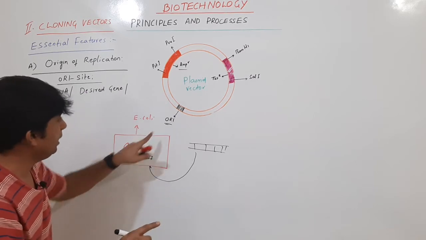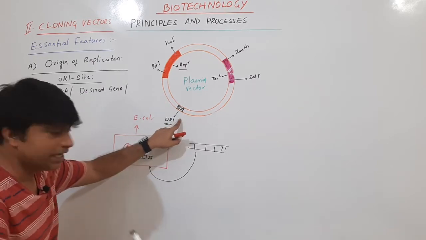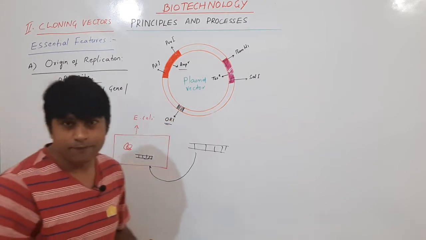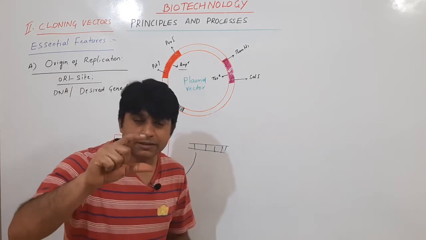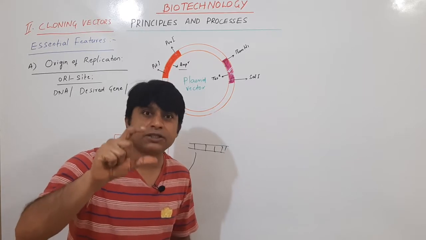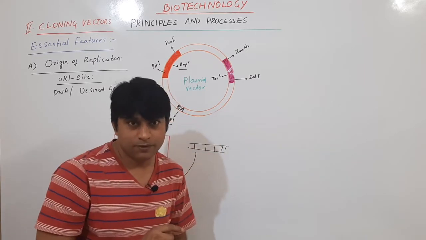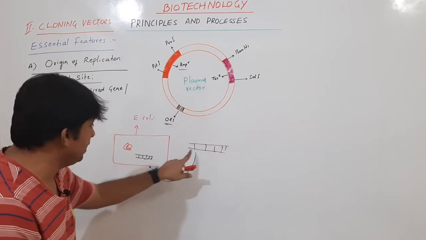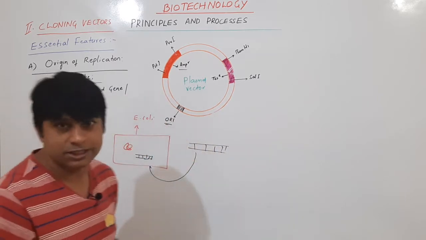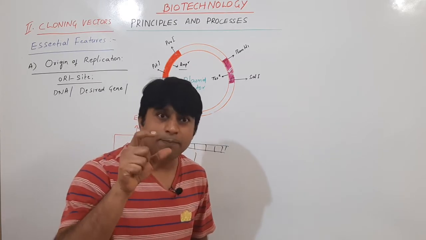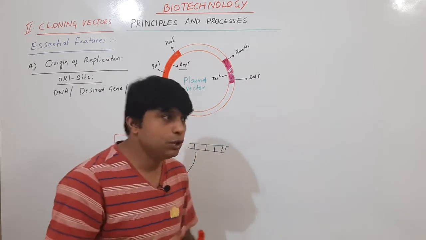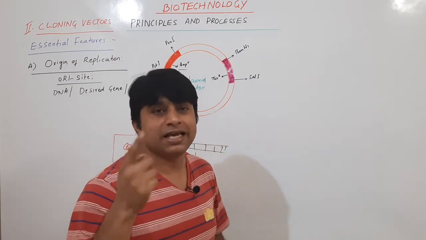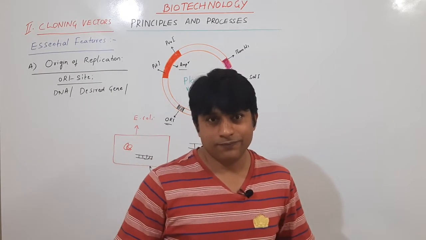So by using this ORI site, if we introduce it by using a vector, the ORI site is a specific site present on the chromosome which will replicate. So if a desired gene is linked with this sequence, it becomes a permanent part of the host cell genome, and so the host cell can multiply.